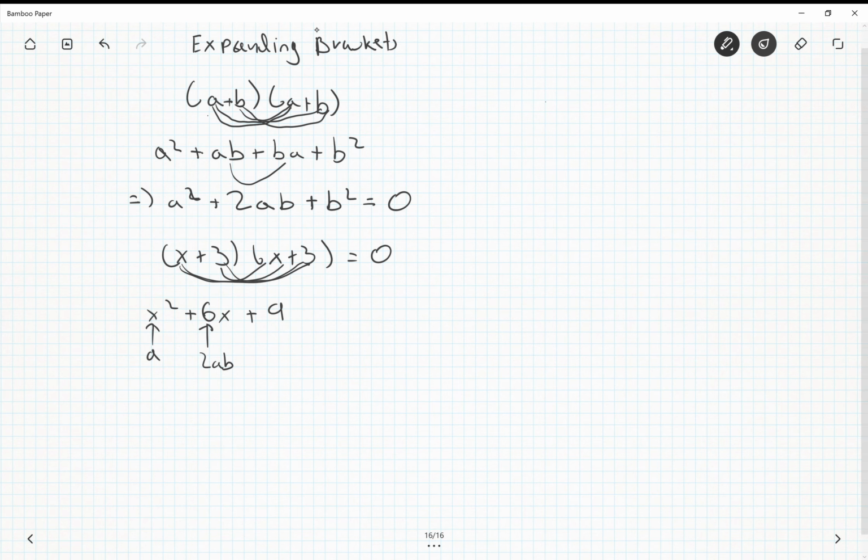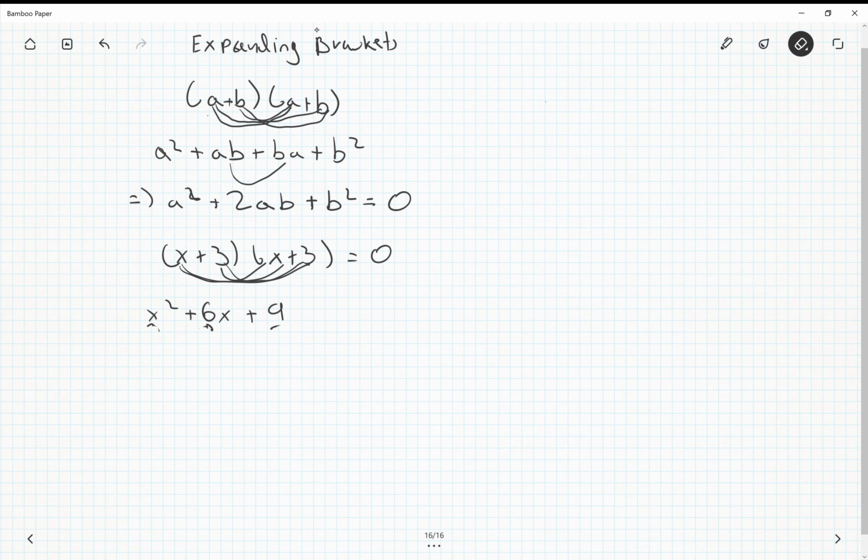And then this 9 here is b squared. And that equals 0. So a plus b times a plus b will always equal the format a squared plus 2ab, sorry, pardon my writing, plus b squared equals 0. I should probably write down formulas for every single thing.